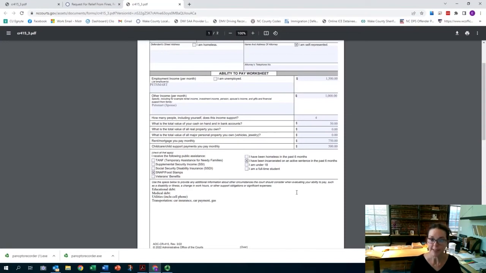In addition, if you have dependents, and you do not receive child support for any of those dependents, I would recommend you also include that information here. What you're trying to do is paint as thorough a picture as possible of your financial obligations to give the court the ability to make the determination whether or not you can pay the debt that's accrued.